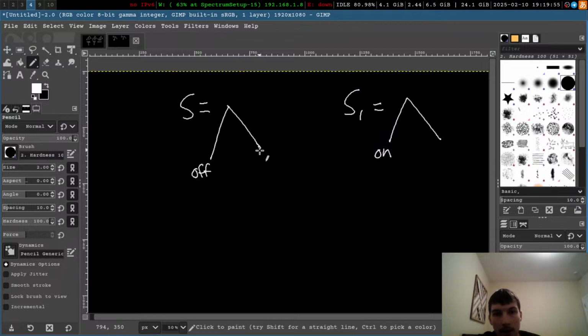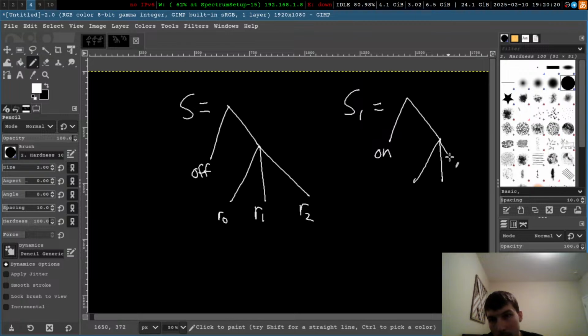And then let's say we have a tree full of records and we delete one of these records. So we have record 0, record 1, record 2. And what we end up doing is we just delete a record.